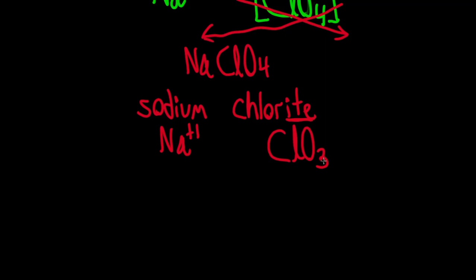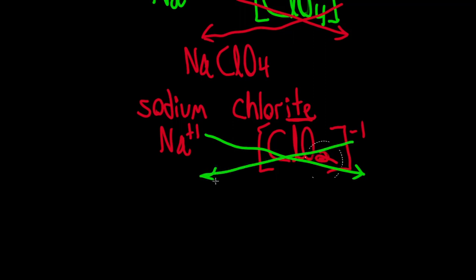So instead of ClO3, I'm going to turn that into ClO2, and it's still going to have a -1 charge. And so I'm going to do my crisscross and end up with NaClO2.